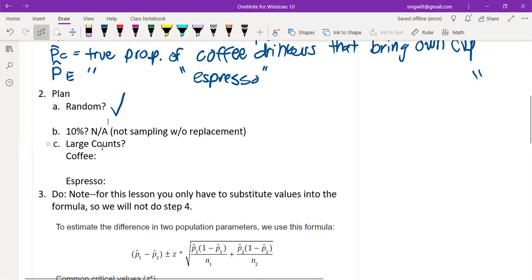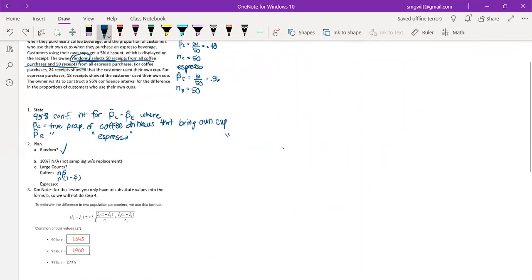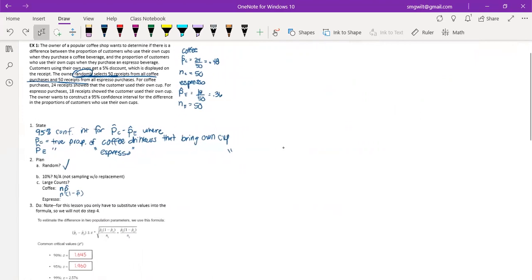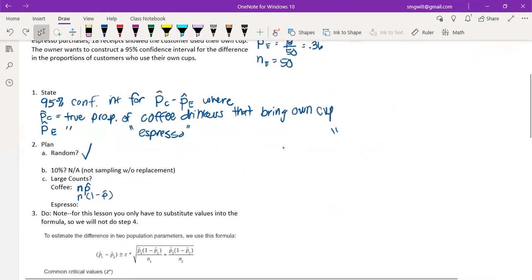So what this means is we're looking at the two formulas for coffee and for espresso, where we have to check n times p hat and n times 1 minus p hat. So for coffee, remember p hat was 0.48, our sample size was 50.